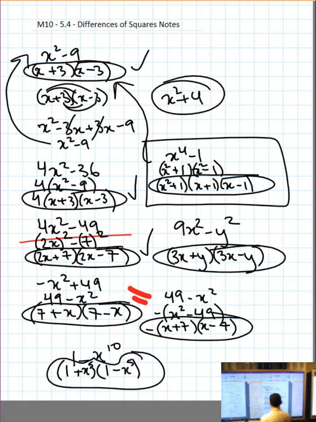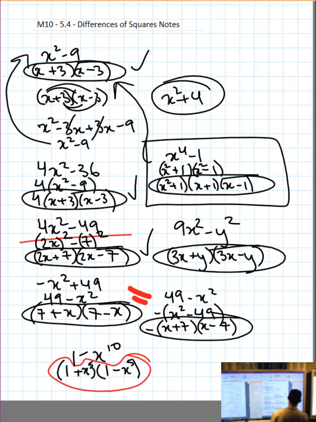Circle your answer or skip lines when necessary. I'm going to put that minus sign again a little bit above. That kind of looks like an equal sign. I'm going to erase both of them. I'm going to put the minus sign above, and I'm going to circle in a different color. So all sorts of interesting differences of squares. Now let's take a look at some combinations: GCF, trinomials, and differences of squares.